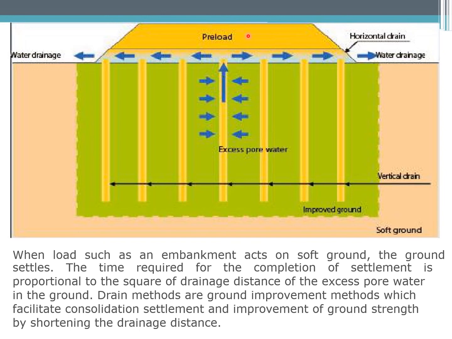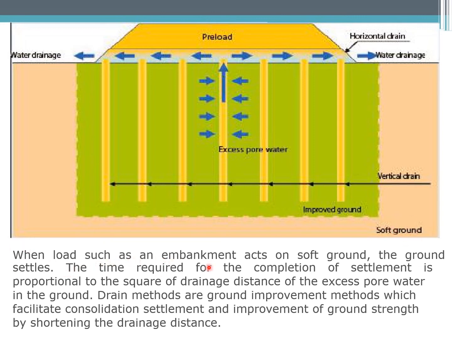To accelerate this, the water goes to the vertical drain, and then from the vertical drain the water will go out to the horizontal drain. So this area, the ground is improved compared to this area, soft ground.